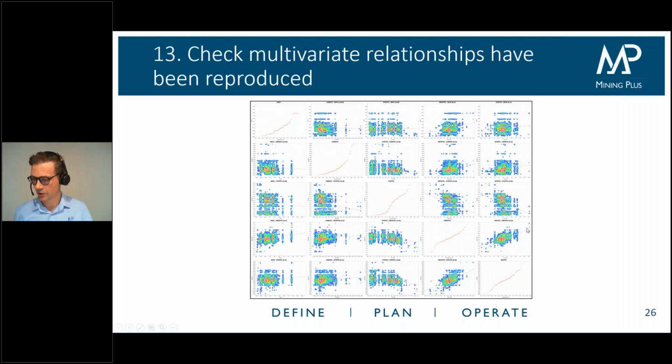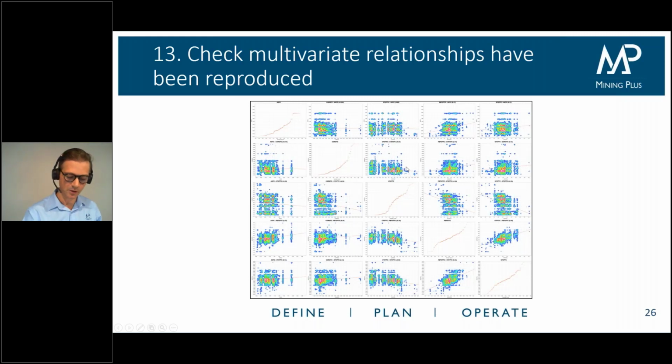You can see it's done a good job of reproducing this linear correlation here. Some of these more complicated relationships, it's done a fairly good job of reproducing. We were happy enough to proceed with that anyway. But it's had a tough challenge ahead of it, so we're pretty happy that it's done as good a job as this.